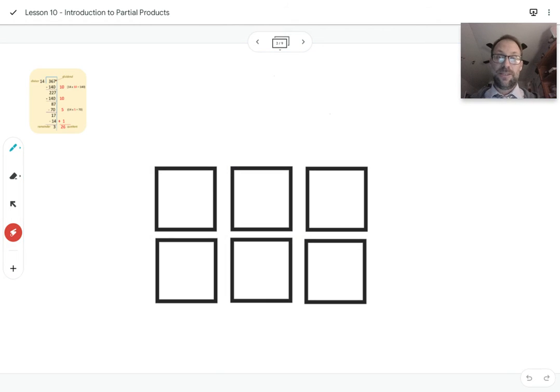Before we start, let's review, okay? Here we have a visual model of a dividend, and that dividend is 6, right? 1, 2, 3, 4, 5, 6. That's the large group. Now, what if I said, let's divide 6 into 3 groups.